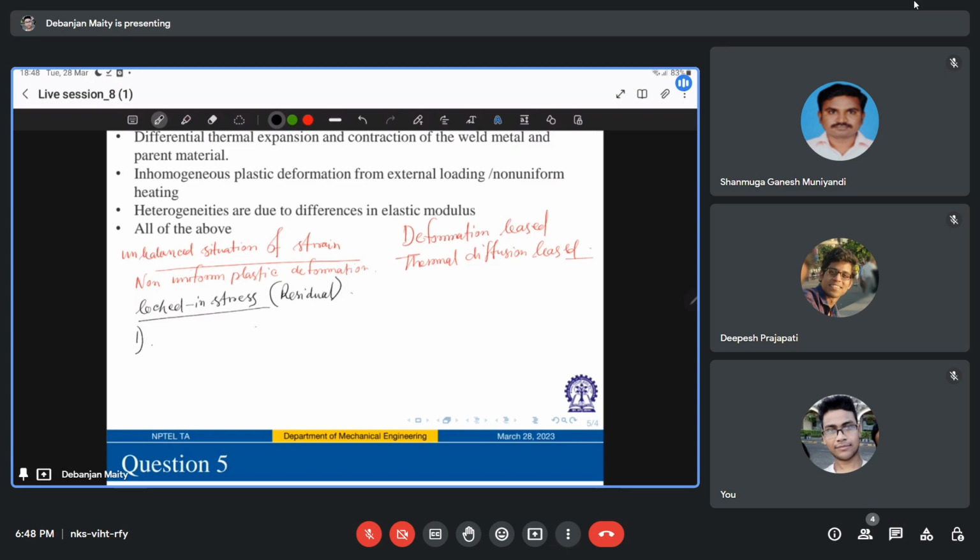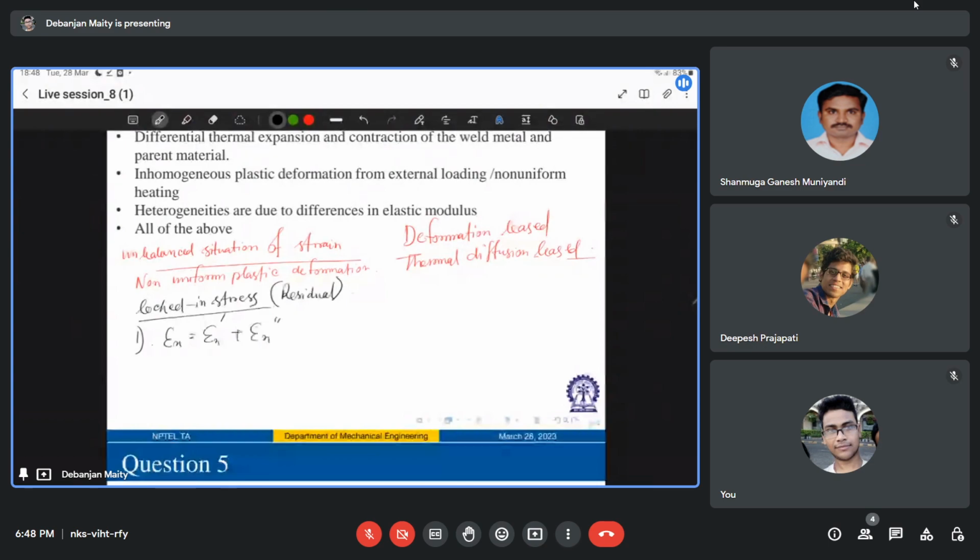It consists of elastic and plastic components, right? Let's say epsilon x dash is the elastic part and epsilon x double dash is the plastic part. Correct? What is epsilon y? In a similar way, epsilon y dash plus epsilon y double dash.